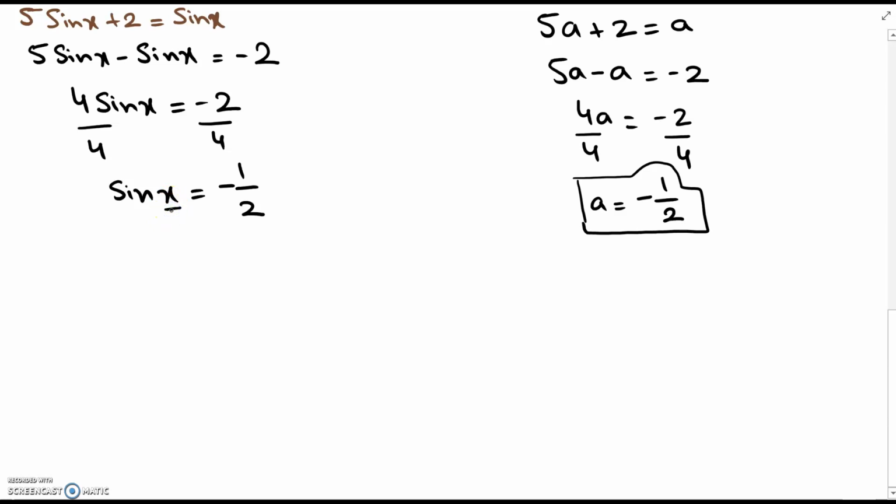To find the value of x, you will take sine inverse of negative 1 over 2. Now you will use your calculator and you can find the value of sine inverse negative 1 over 2. From the calculator, the value you will get for x is x equals negative 30.